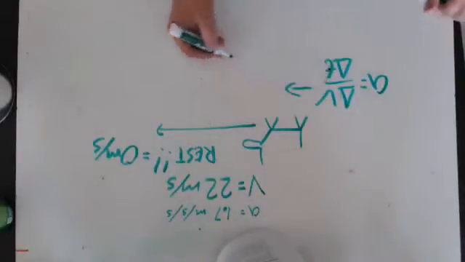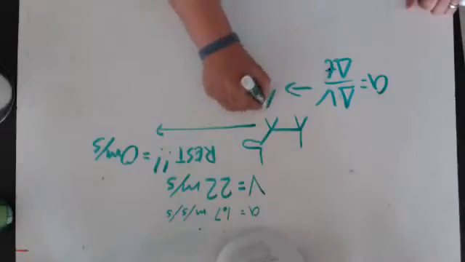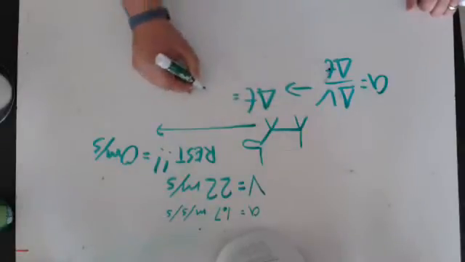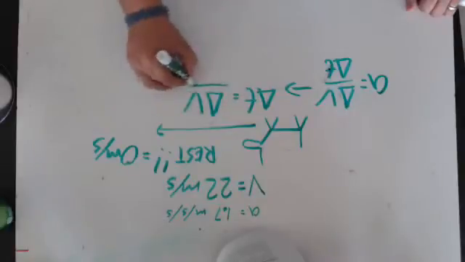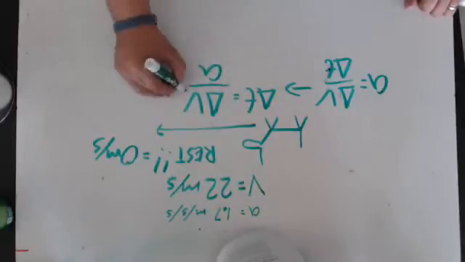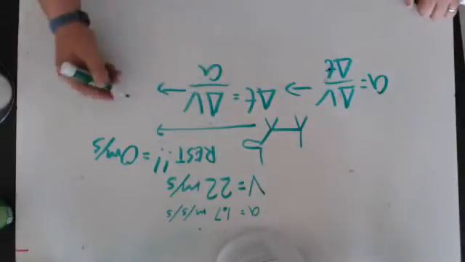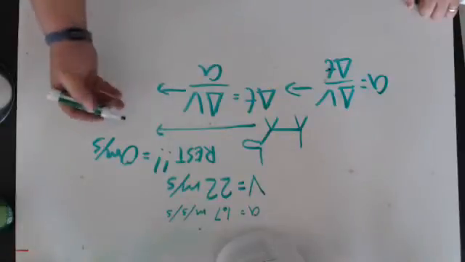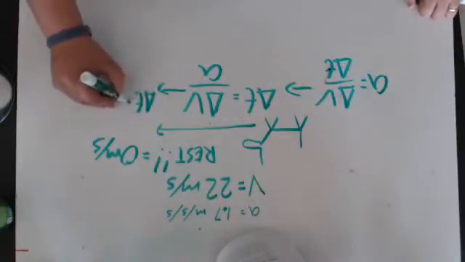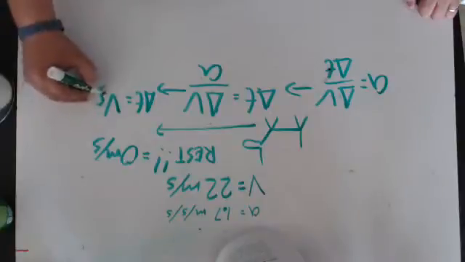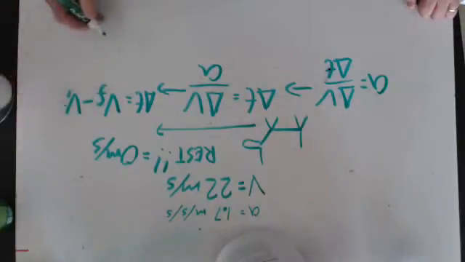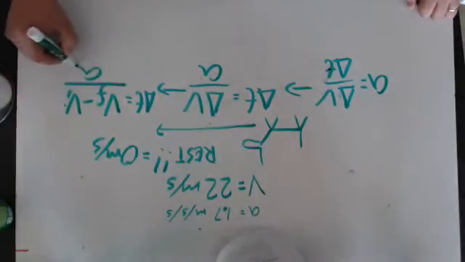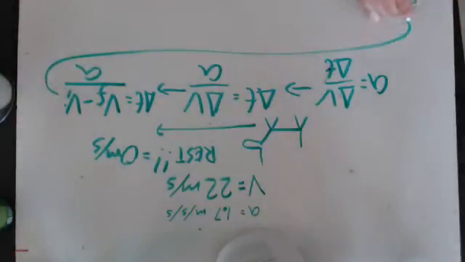I did a little cross multiplication and ended up with delta t equal to delta v over a, which I then substituted, so delta t is equal to v final minus v initial all over a. And now I'm starting to plug in numbers.